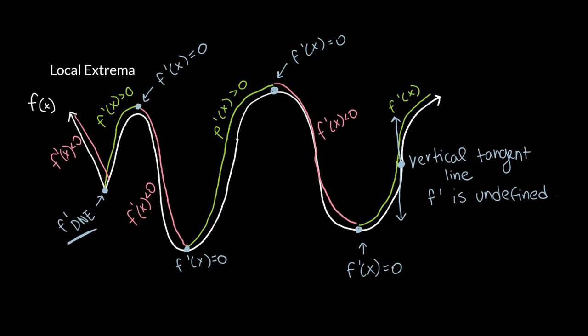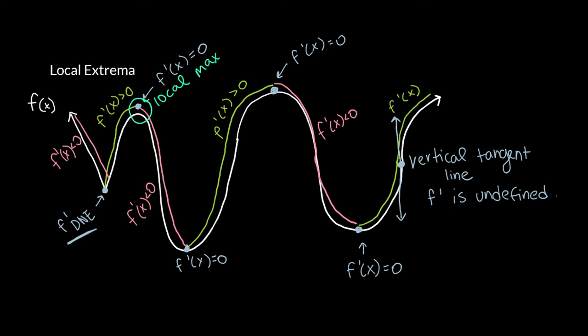Okay, so now let's look at what's happening at these points where the derivative is equal to 0. So this point right here, where the derivative is 0, that is also going to be a local maximum. That means related to the points right around it, it is the maximum. So on a certain interval, it is at the top of the interval. It is the maximum value.